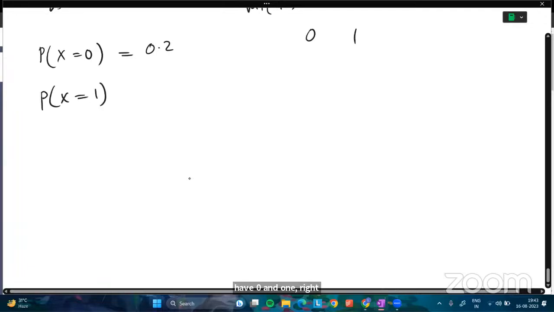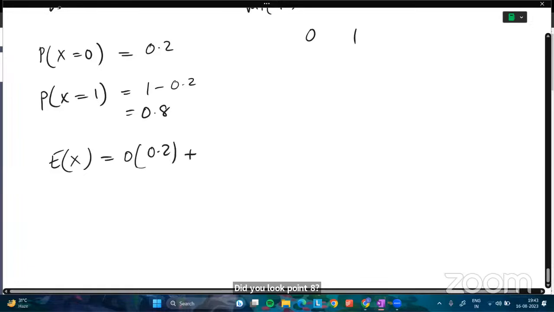So what is the probability of x equal to 1? 0.8. Yeah, it'll just be 1 minus 0.2, or 0.8. So we can find the expected value of x here. It'll be 0 into 0.2 plus 1.